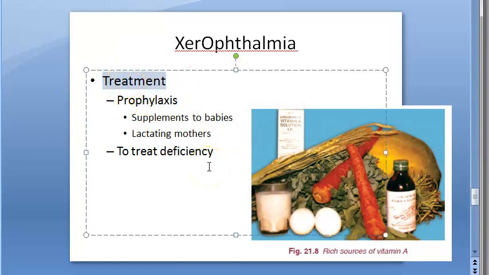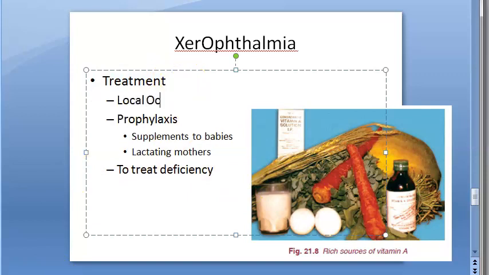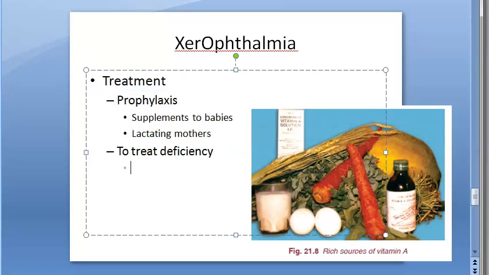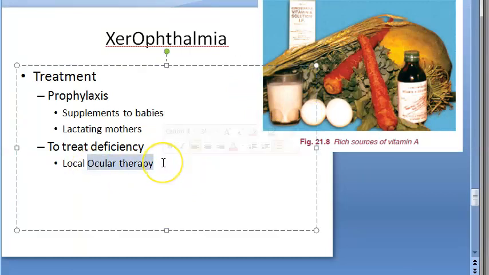Basically, when you're talking about dryness, you can correct it with artificial tears, etc. But when it comes to vitamin A therapy, let's look at that. Local ocular therapy, what will you give? Local ocular therapy, to treat the deficiency, will have artificial tears, that is hydroxypropyl methyl cellulose or hypromellose. You can give this if there is conjunctival xerosis.